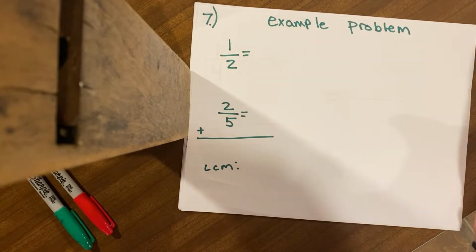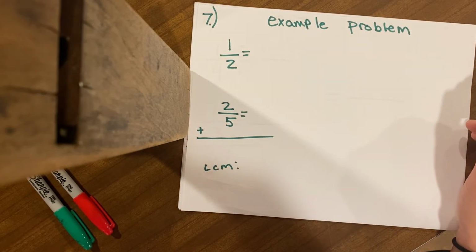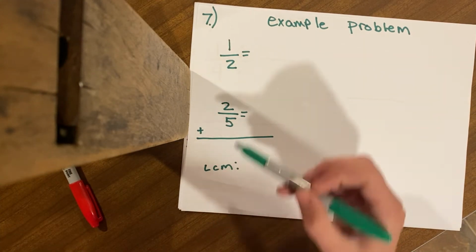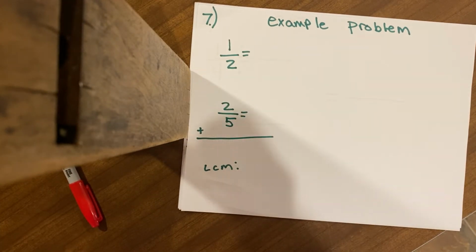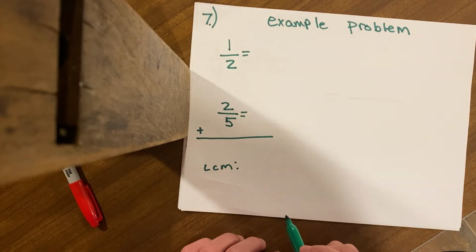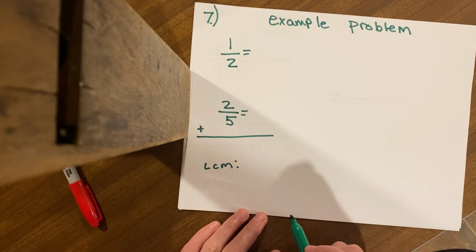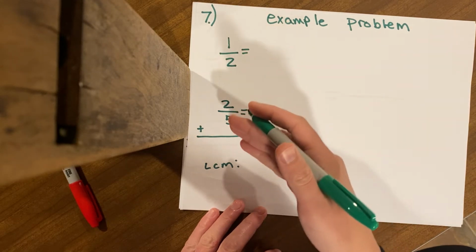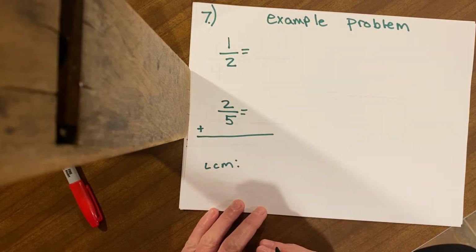Okay, number 7's example problem. You're adding 1/2 plus 2/5. Okay, our step number 1 is going to be to find the least common multiple. So we know our least common multiple of 2 and 5 is going to be 10.